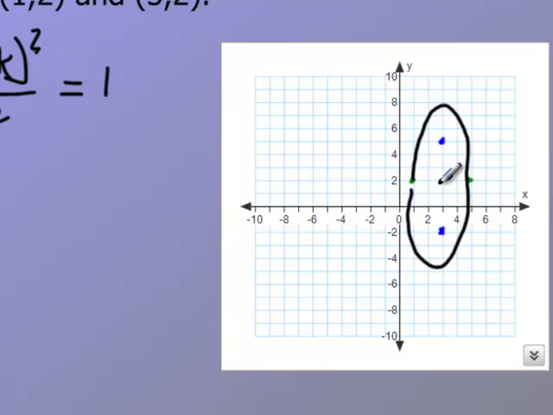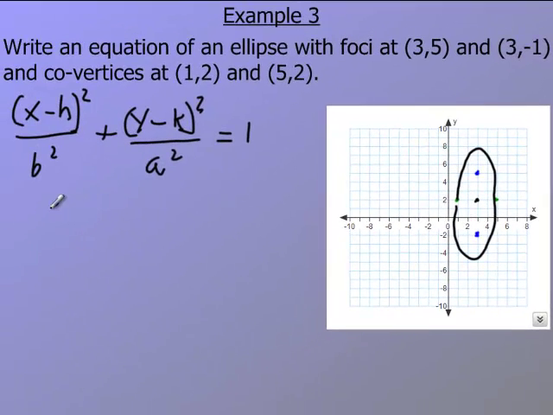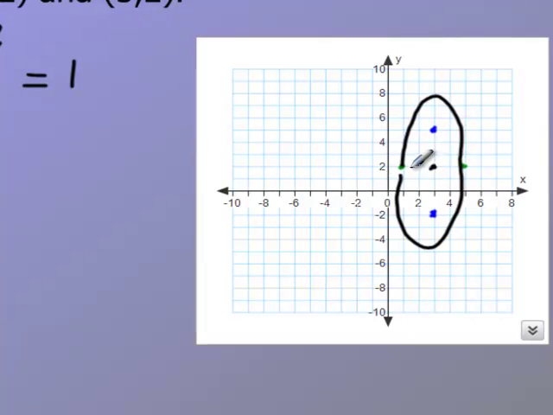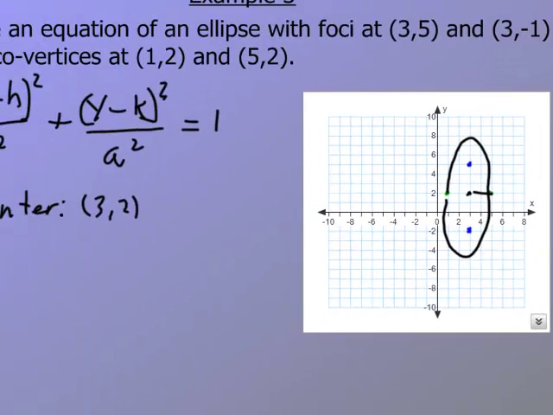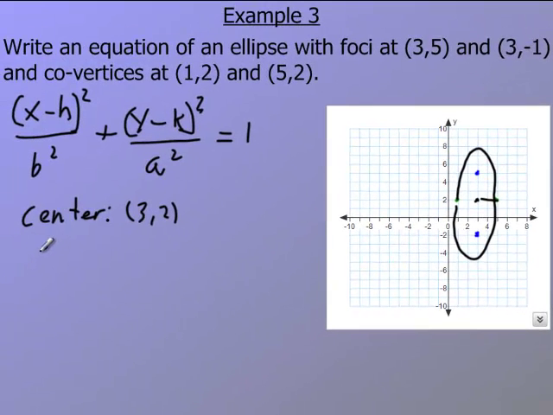But if it's not so clear, you're going to want to use the midpoint formula. So the center here is going to be located at 3, 2, and therefore looks like we're going to have a distance from the center to one of the co-vertices of 2. So I know that the b value is going to be 2.